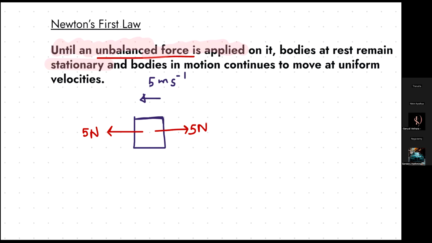However, the object was moving earlier, right? Initially the object was moving with a velocity of 5 ms^-1. Now I give a force in one direction with 5 newtons, and Sandaru gives 5 newtons in the opposite direction.